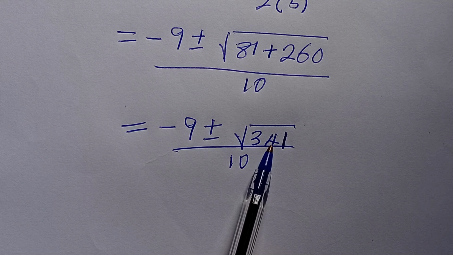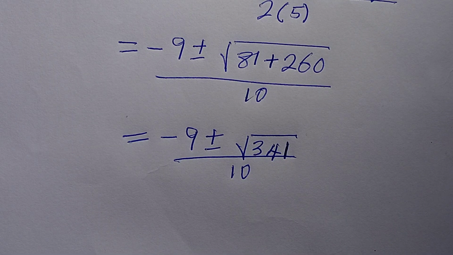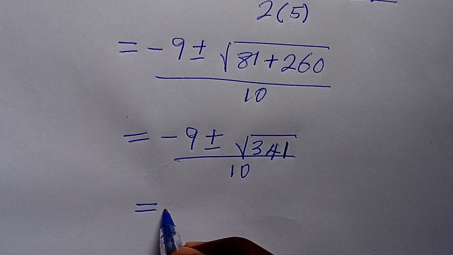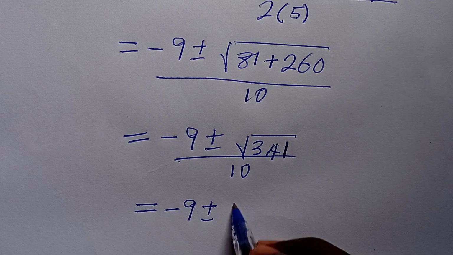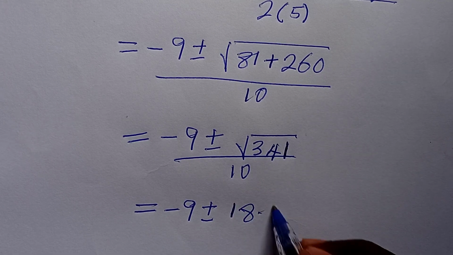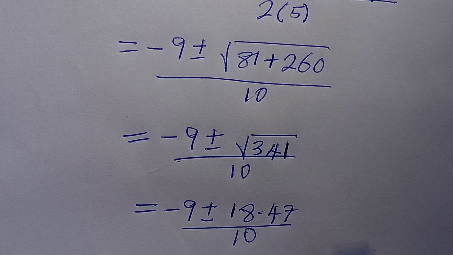This is not a perfect square, so if we find the square root of 341, that will give us 18.47 approximately. So this is going to give us minus 9 plus or minus 18.47 approximately, all over 10.